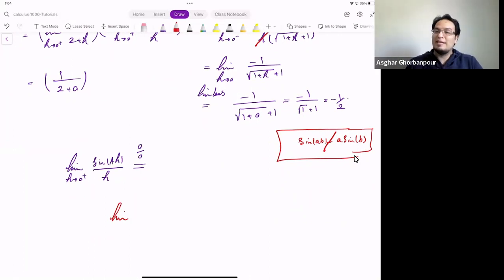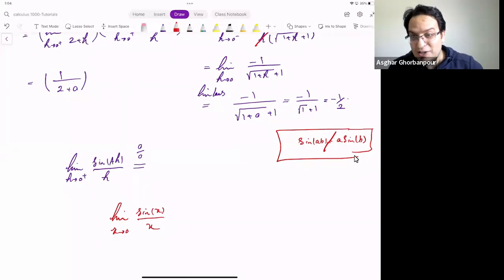theorems in this course is that sine of x over x as x goes to 0. This is when you try to find the derivative of sine at 0. And it's 0 over 0. It's not a rational function, so it's not easy to factor out the h factor there.